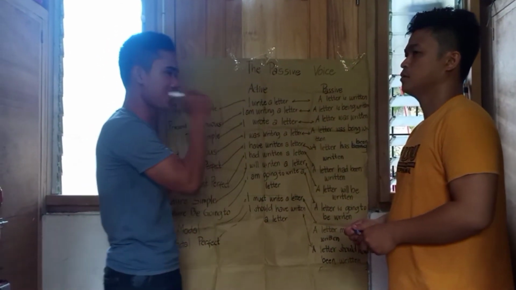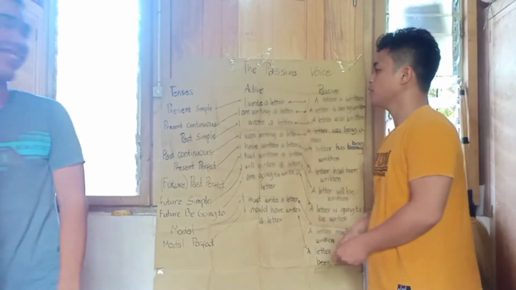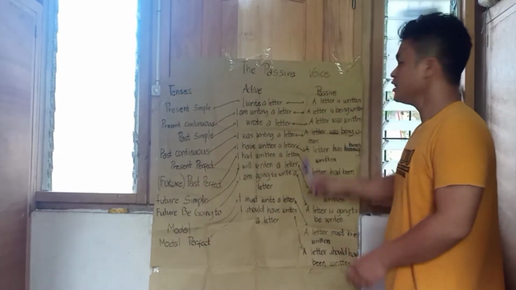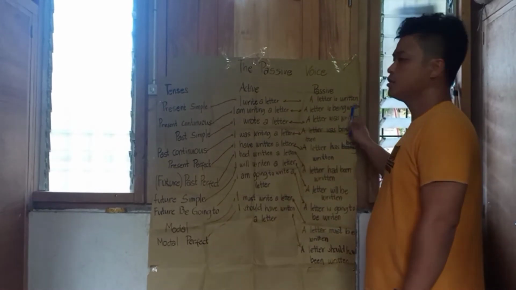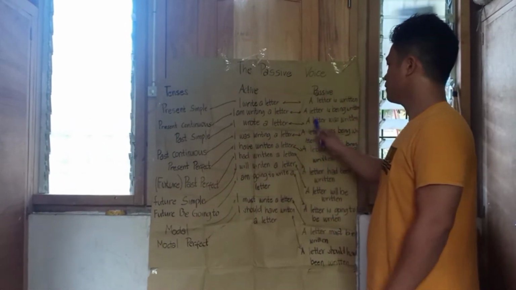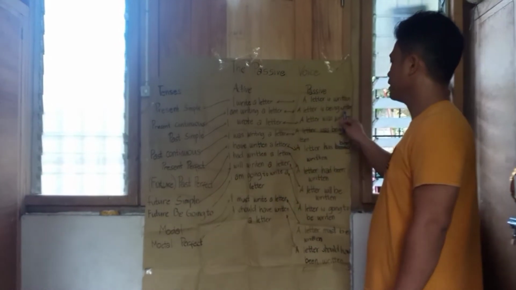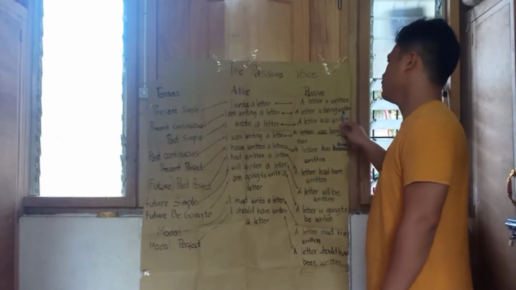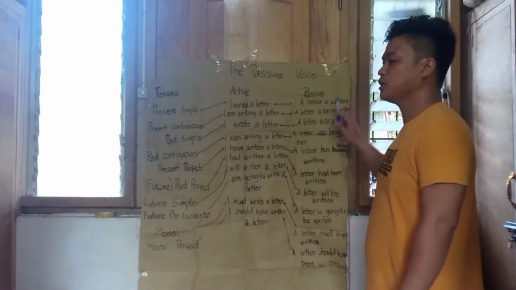How about the passive voice? In the passive voice of the present continuous, the active "I am writing a letter" becomes "a letter is being written." The formula is first the object, then the action, which is "being written."